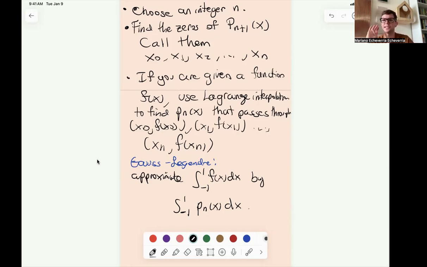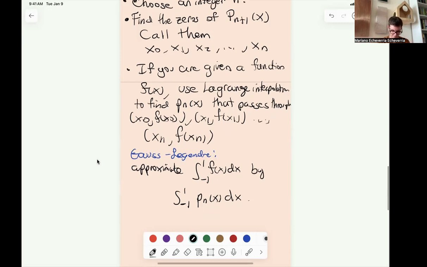What I want you to notice is that this won't agree with the previous approximations, because in Simpson and trapezoid the points were equally spaced, and here x0 up to xn are not equally spaced. So this will not be the same approximation number as what we were doing before.